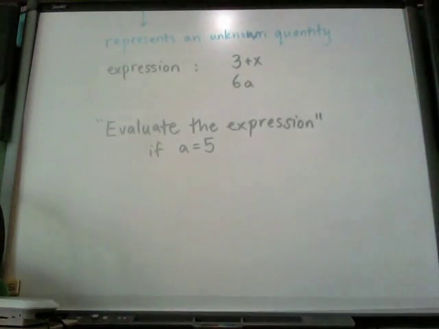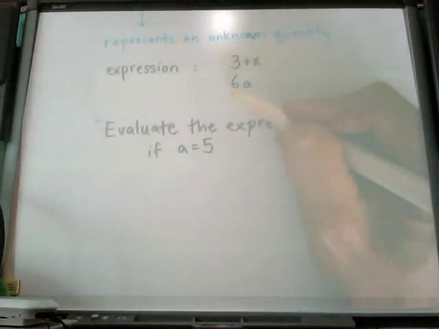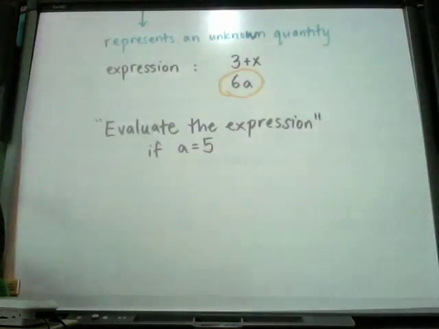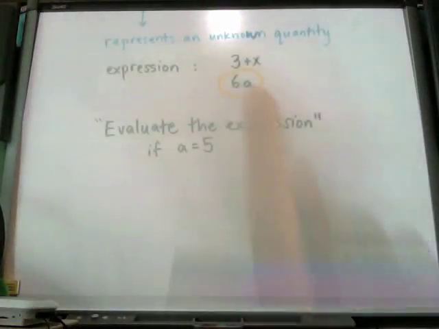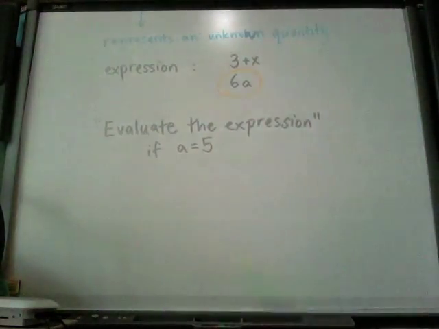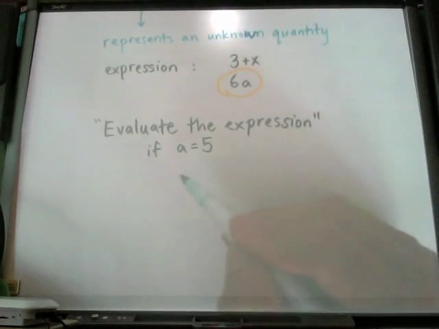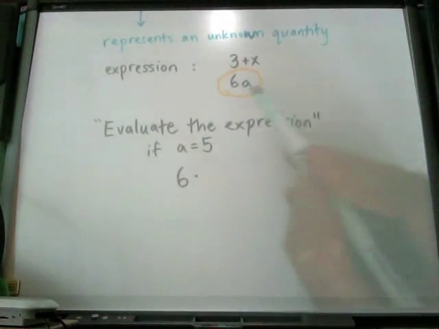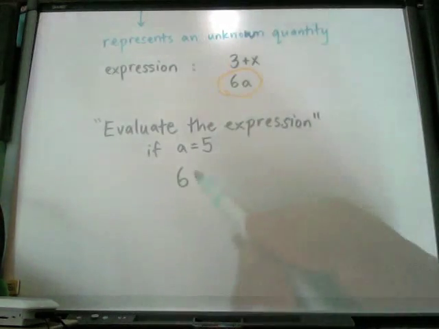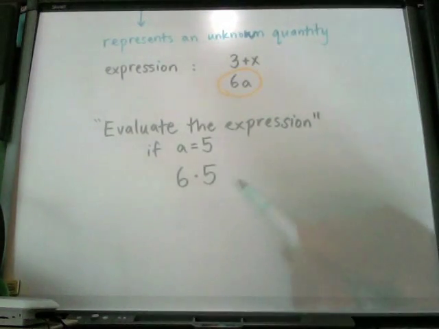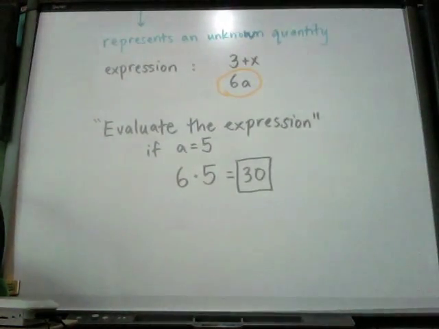Now, of course, I only used an a in one of my expressions up here, so let's choose the one that has the a in it. If a equals 5, what operation do I have between the 6 and the a? Brian? Right, anytime they're mushed together, it's multiplication. So what this means, it's not 65, right? It's 6 times whatever a is. So 6 times 5 if a equals 5. Evaluate the expression means to plug in the amount for the variable and to get an answer.